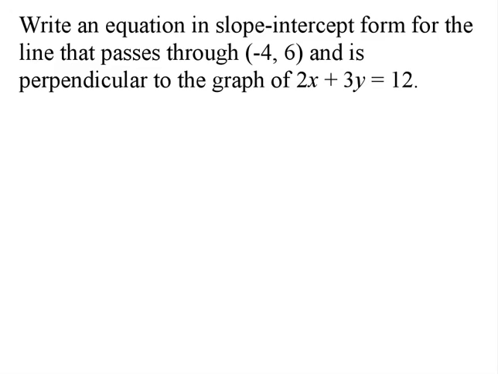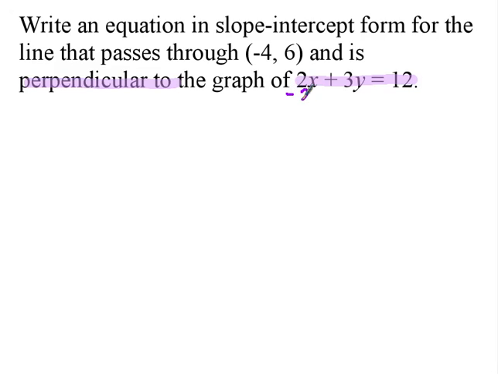So, what's different about the equation of this line? X and Y are on the same side. X and Y are on the same side because we start with this equation right here, but we don't easily know the slope because this is not in slope-intercept form. So what we're going to need to do is solve this equation for y. Put it in slope-intercept form.